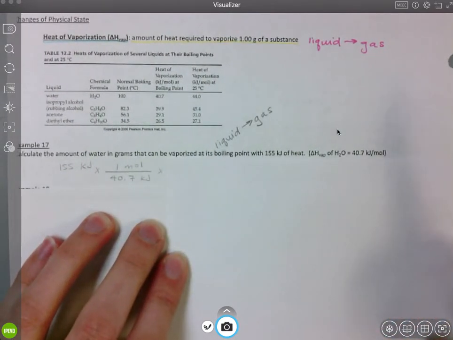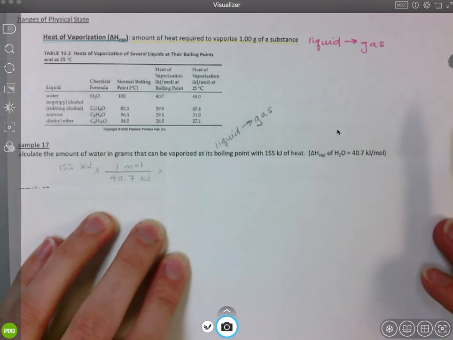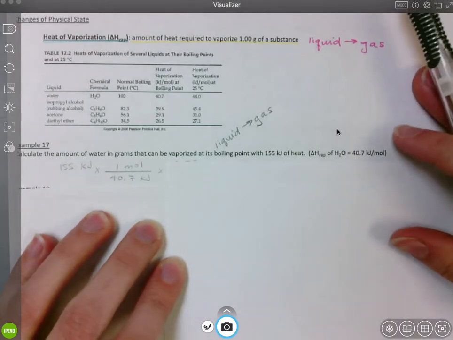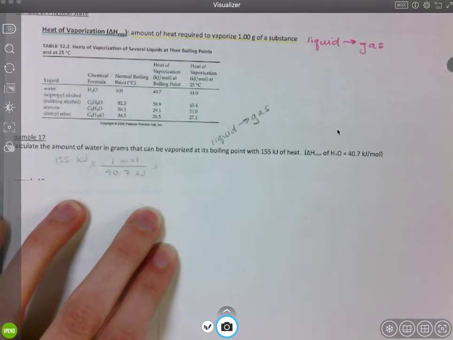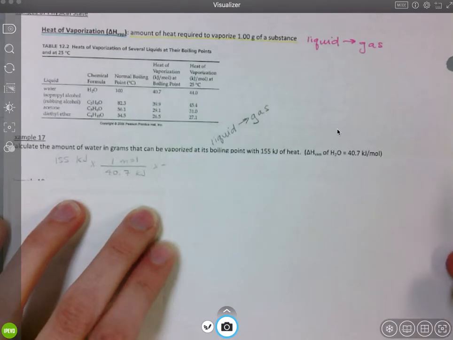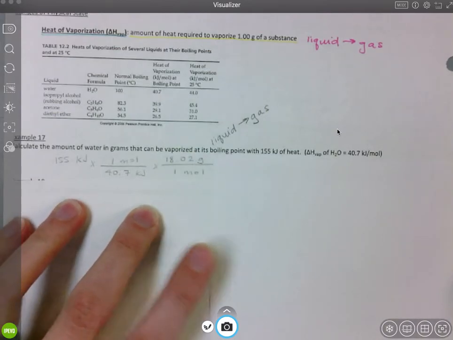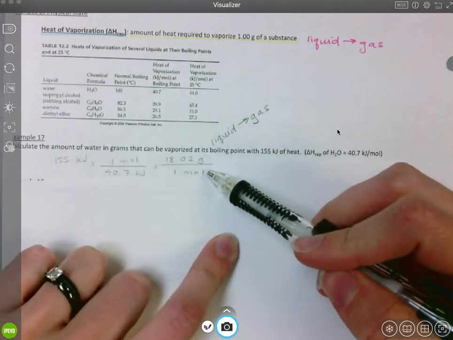We are not given that, but we can calculate that using hydrogen and oxygen on the periodic table. So if we're adding up two hydrogens, 1.01 times 2, plus oxygen, 16.00 grams per mole, that gives us 18.02 grams per mole for our molar mass of water.